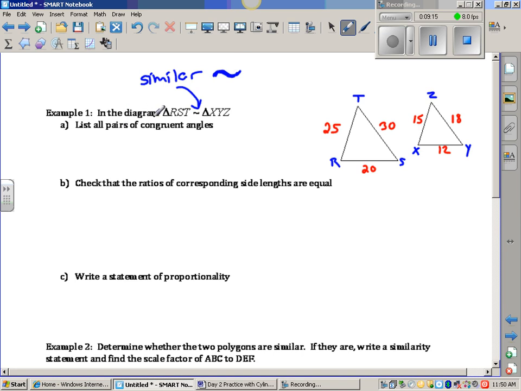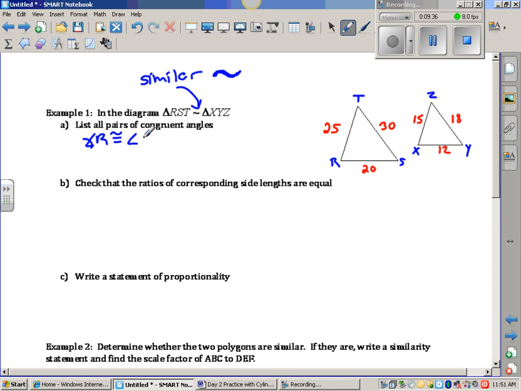We're going to list all the pairs of congruent angles. So all that we're being asked to do is find the corresponding angles. You can start anywhere you want. So angle R would be congruent to angle, see how it's in the bottom left?